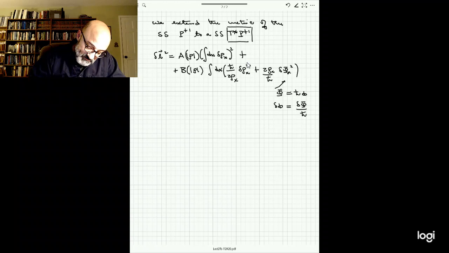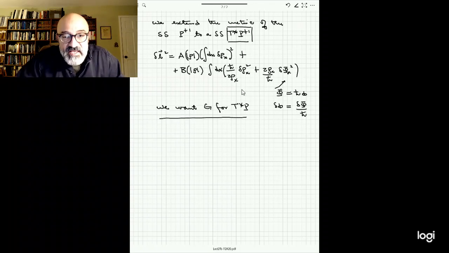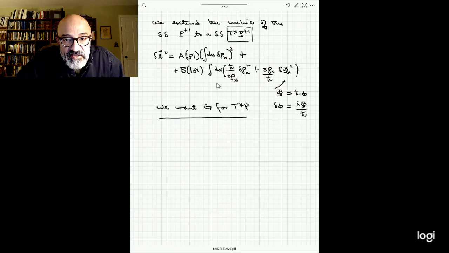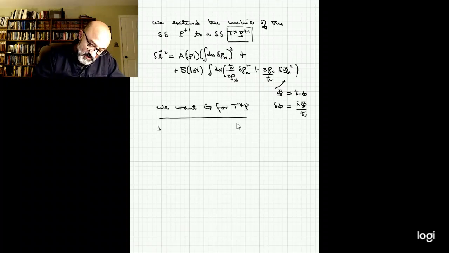We want the metric for phase space. What this means is that the metric here is for probabilities that are not normalized. We want to be able to normalize them, so we need to impose normalization.